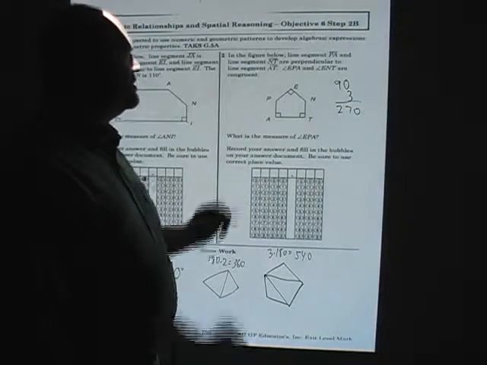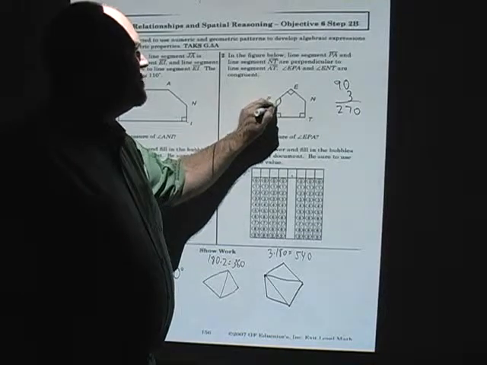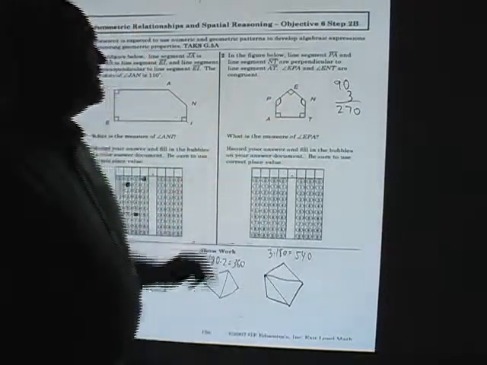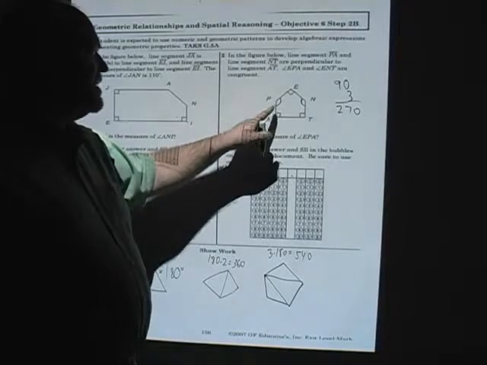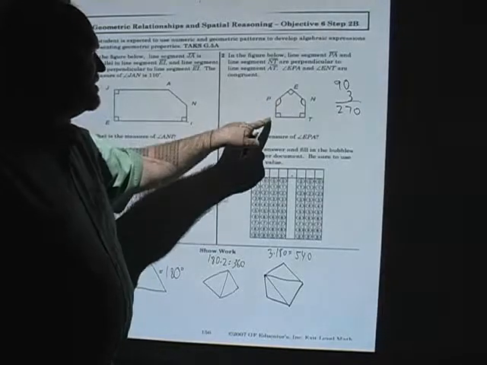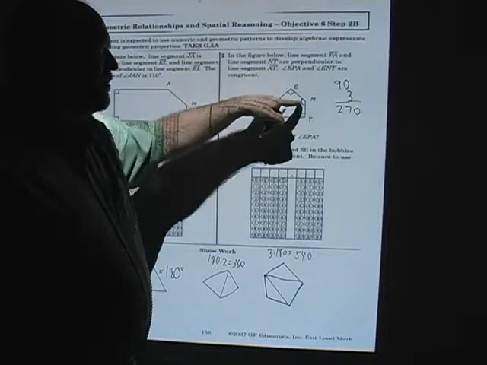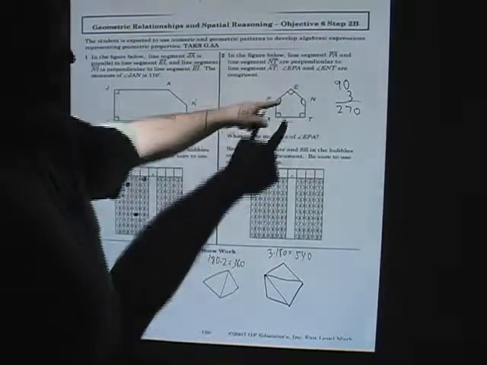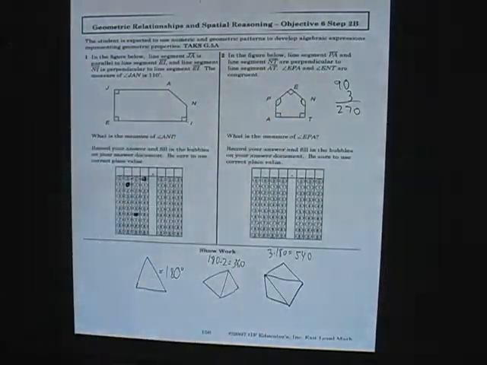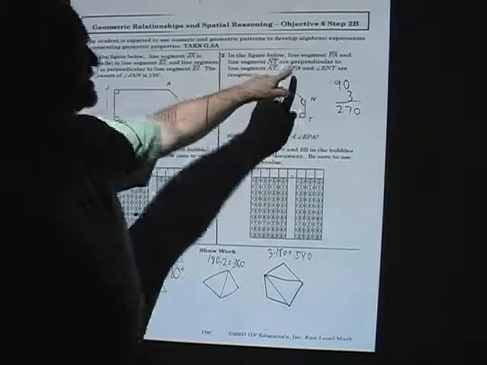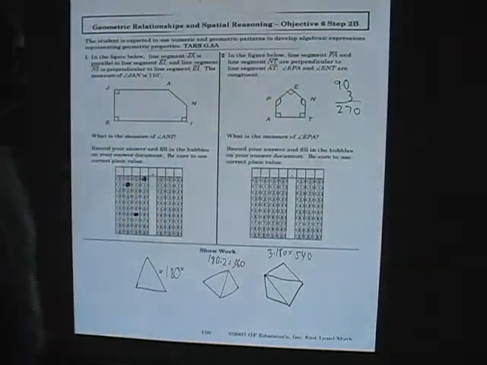And we don't know these 2. Now they're asking us for EPA, which is this angle right here. But we don't know it, and we also don't know this one, ENT. But we do know that these 2 are congruent.